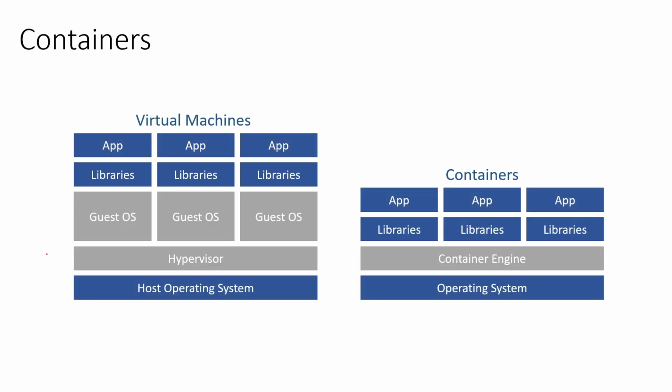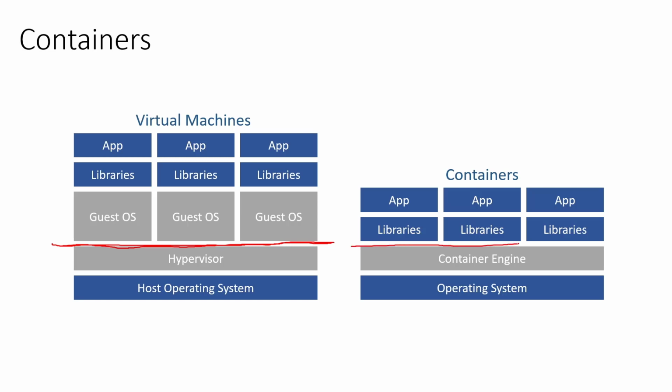A container looks like this relative to a virtual machine. If you've never been exposed to it, basically the difference between a container and a virtual machine is where it does the abstraction. With a virtual machine, you have abstraction at the hardware level. So you have a hardware abstraction layer that comes in right here, and then you install a guest operating system on virtual hardware. With containers, it does it at the operating system level.